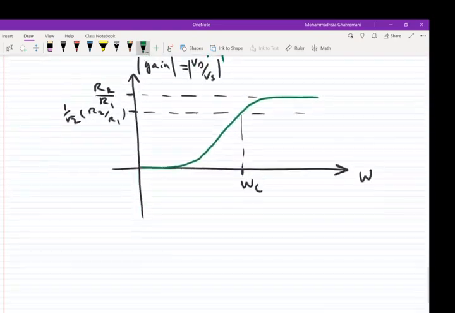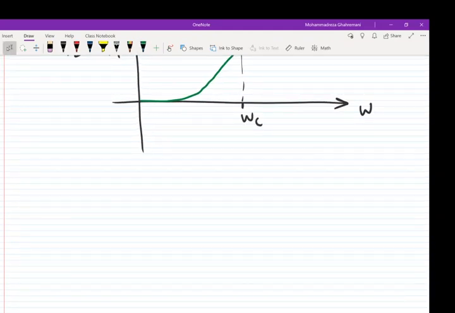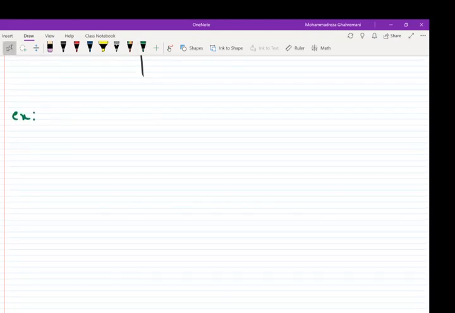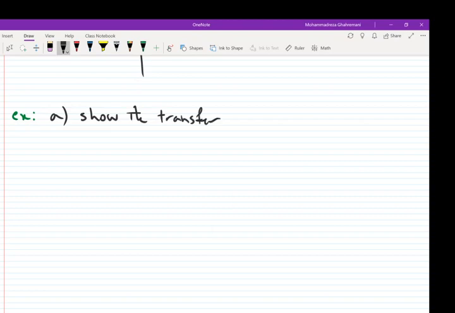Okay, so next let's move to the next example and see one more circuit example. Part A: show the transfer function T of j omega, which is of course VO of j omega over VS or Vin of j omega.